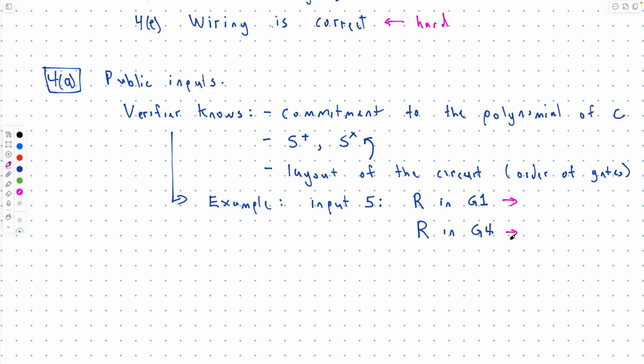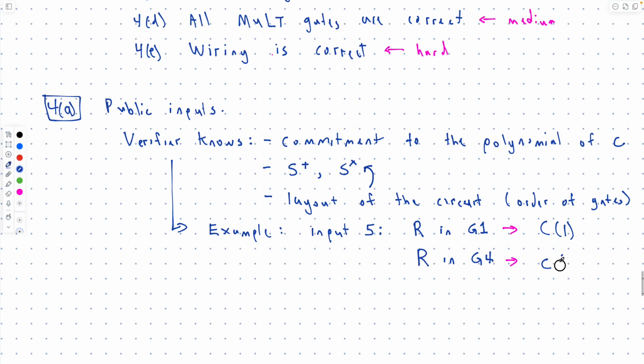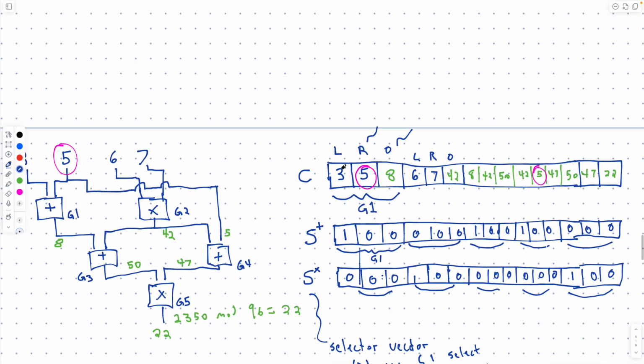So they know that it's going to be at C of 1, and there better be a 5 at C of, I already forgot what I said, 0, 1, 2, 3, 4, 5, 6, 7, 8, 9, 10.